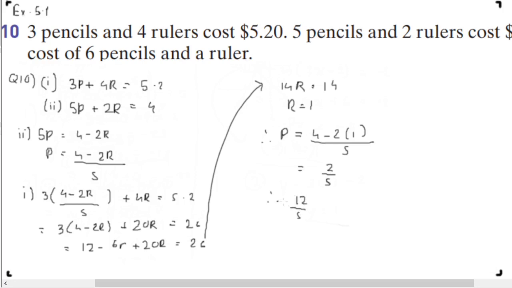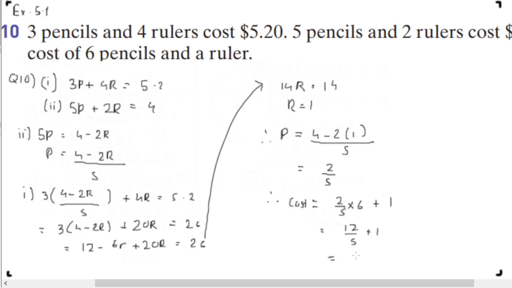I'm not going to denote cost as anything, let me just write down cost. Cost is going to be 2 over 5 times 6 plus 1, because r is equal to 1. Then this is just 12 over 5 plus 1.